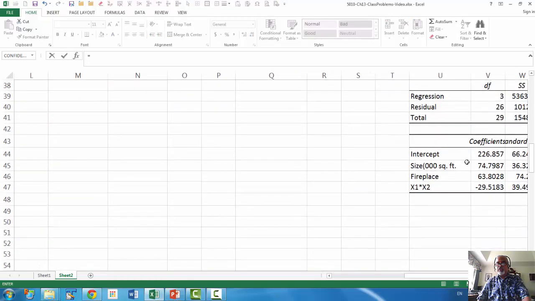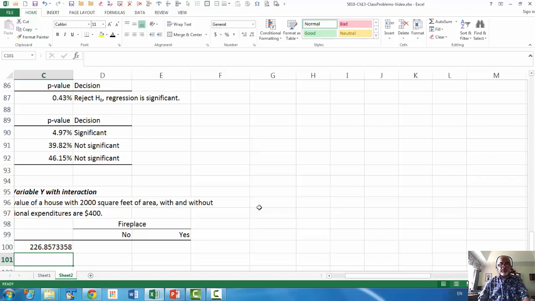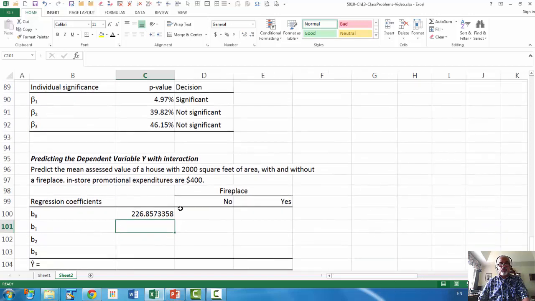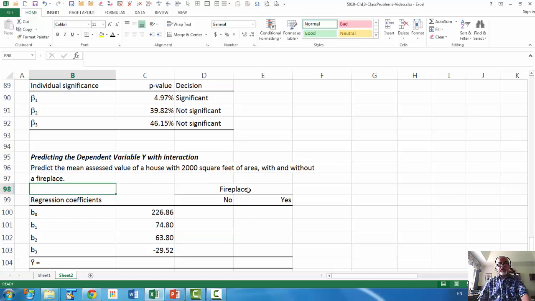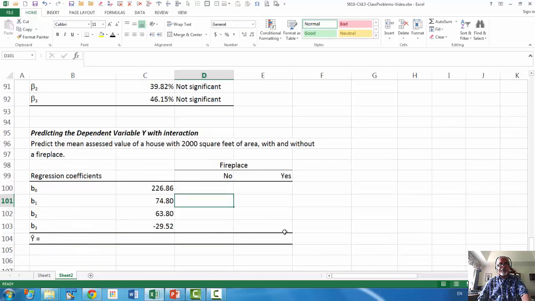So b sub 0 here, and then b sub 1, 2 and 3. All right. So for the first case, when there is no fireplace and we are still considering 2000 square feet, and with or without fireplace.